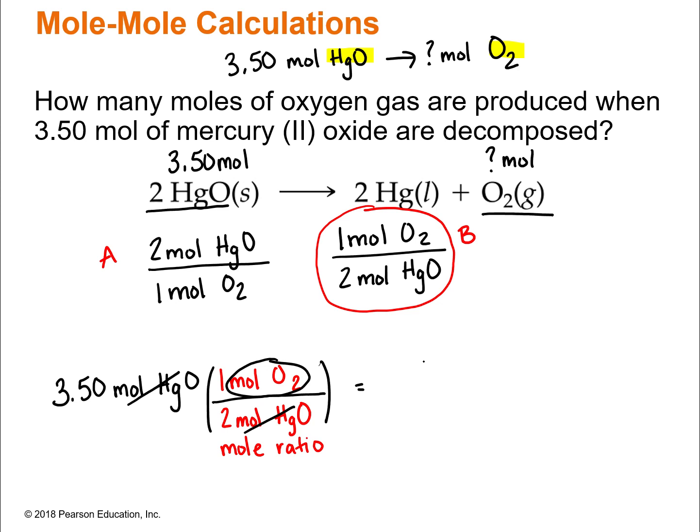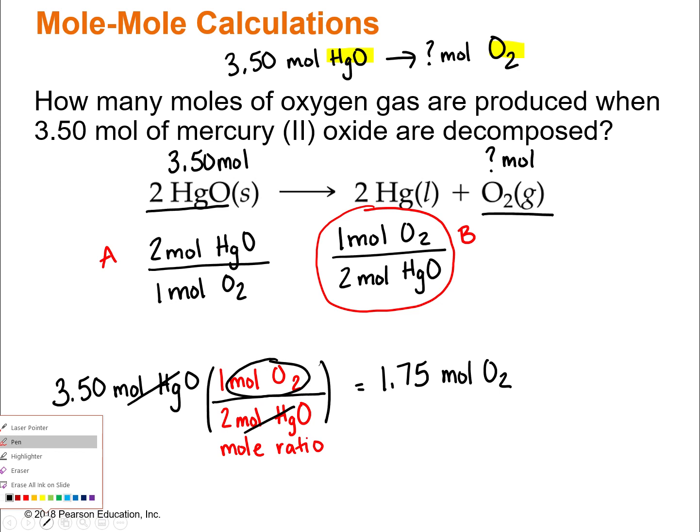When we do the math, you take 3.5 and you divide it by 2. Questions here?